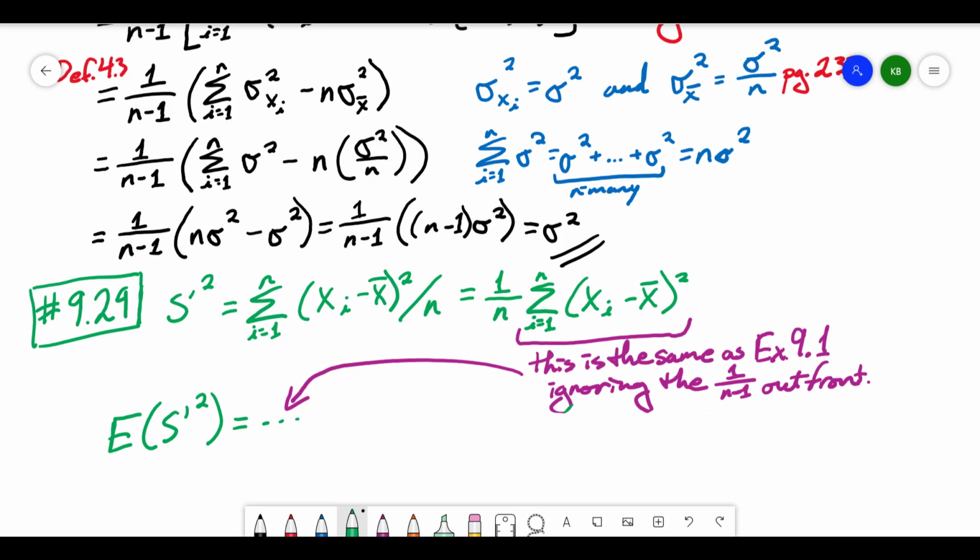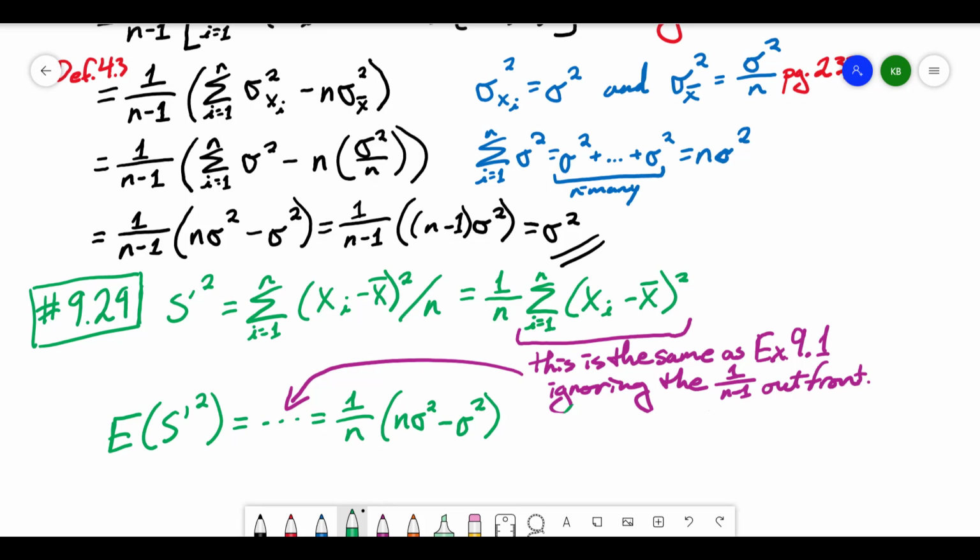So if I want to take the expected value of this variance that I have here, using all the steps that happened in example 9.1, I can get to the point where I know that I'm basically replacing the 1 over n minus 1 out front with a 1 over n out front.